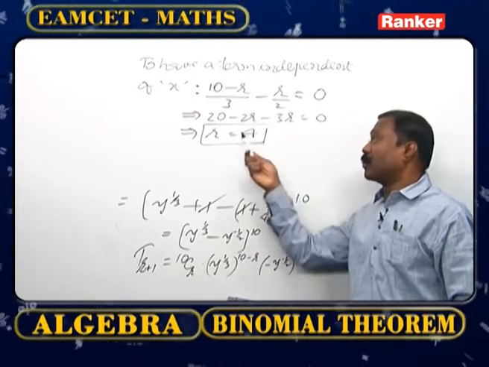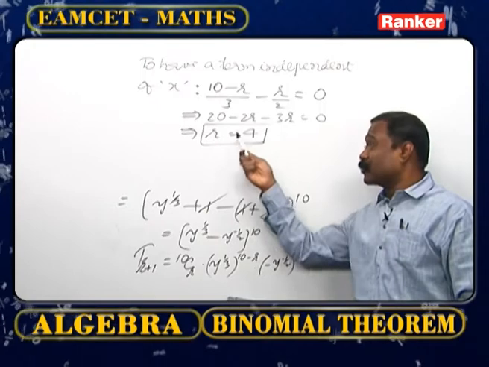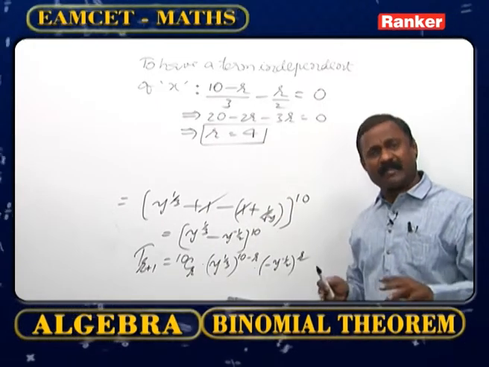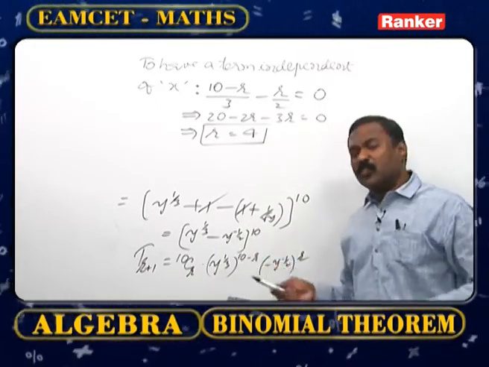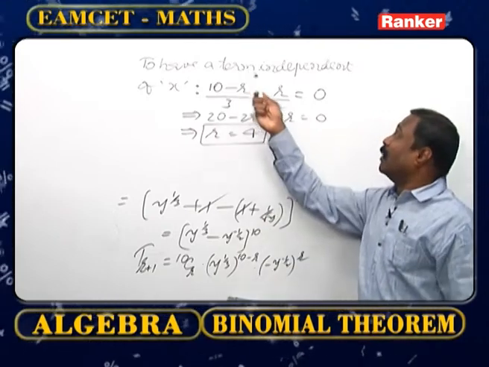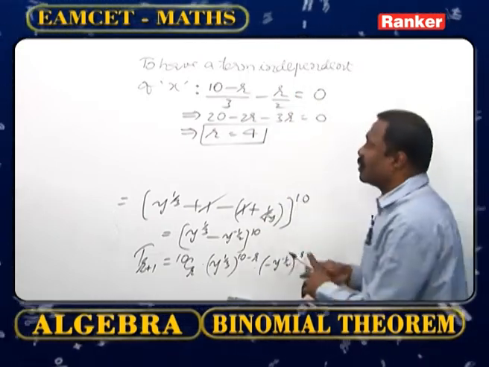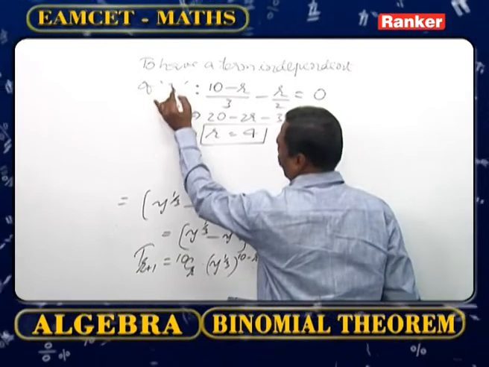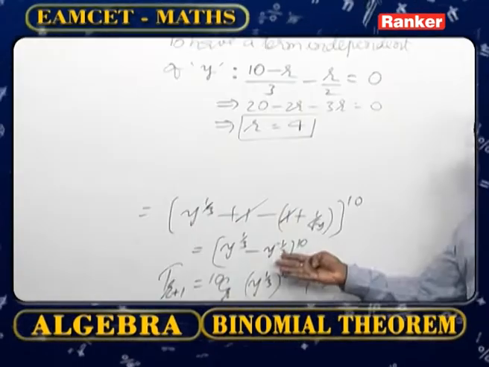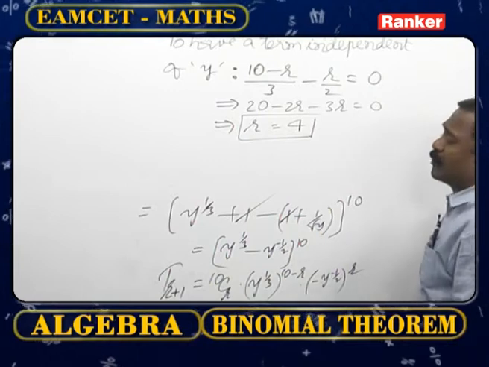If you get any fraction or negative value, you have to take it for granted that in this expansion you will not find any term independent of x. Of course, here it is independent of y, because the terms are in y. So r is equal to 4.